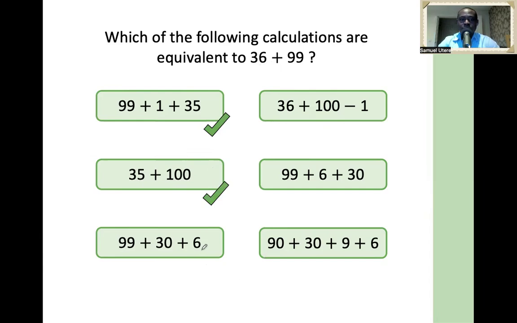This one is the same calculation. The 99 is still there. We've simply written it in a commutative form. And 36 has been partitioned to 30 and 6. The other one represents the same calculation. So 36 is still there, but we now have 99, which is represented as 100 subtract 1.